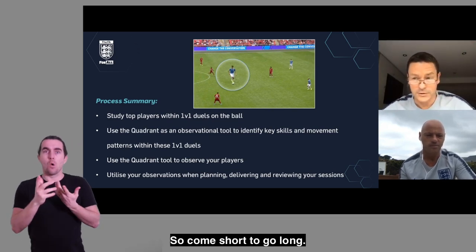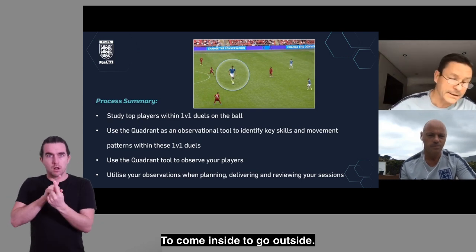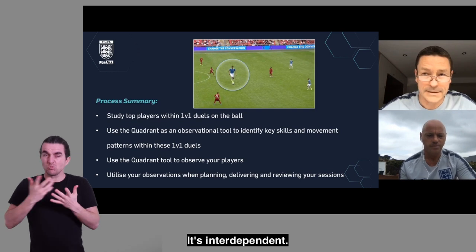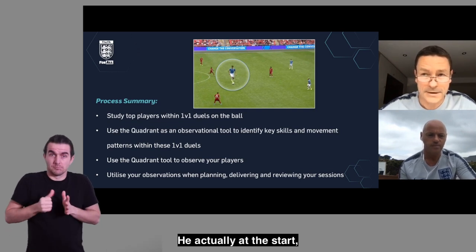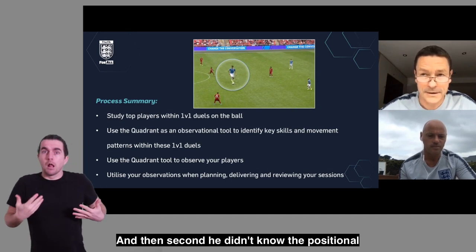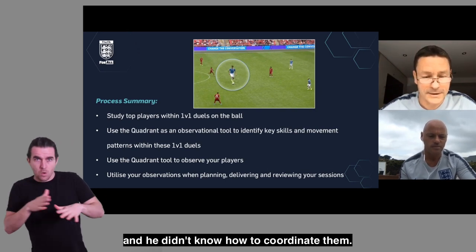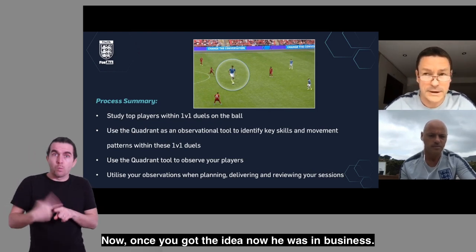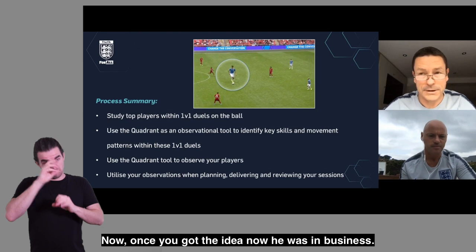So come short to go long, come inside to go outside. So that's where you have to understand it's interdependent. He actually at the start didn't have the running power to do that. And then second, he didn't know the positional and he didn't know how to coordinate them. He could do it, but not all the time. Now, once he got the idea, now he was in business.